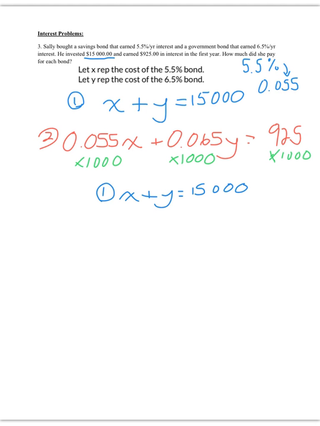And my new equation 2 now is, when you multiply by 1,000, you move the decimal place right 3 times. So it's 1, 2, 3. So you're going to be left with 55x plus 65y is equal to 925,000.